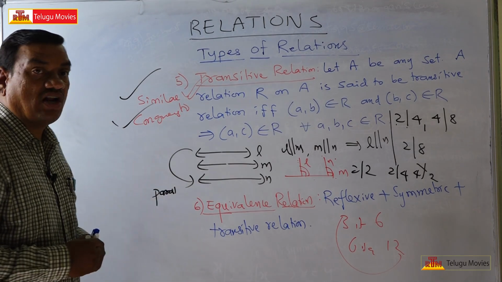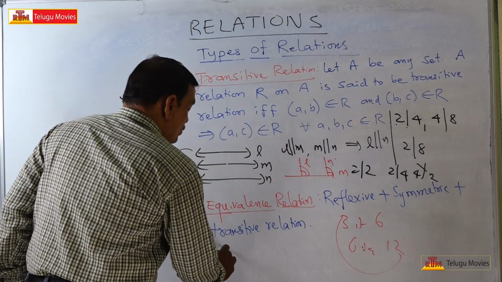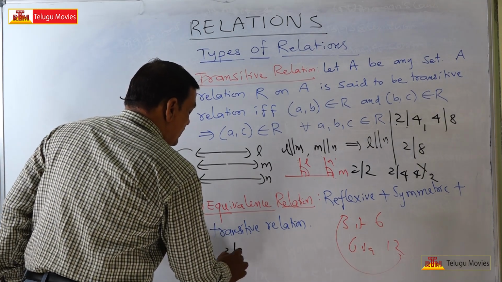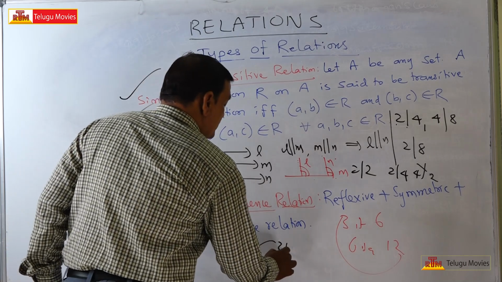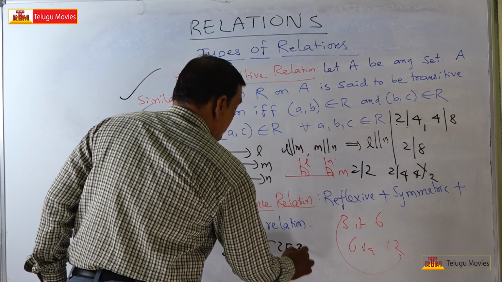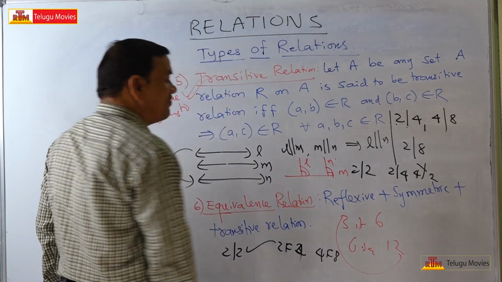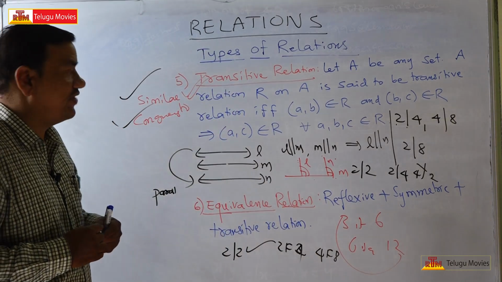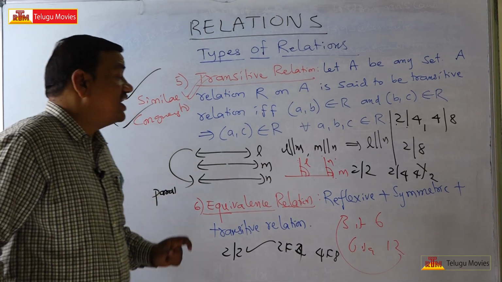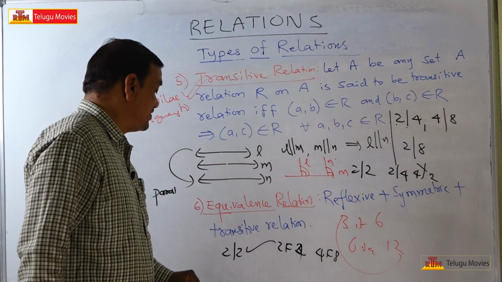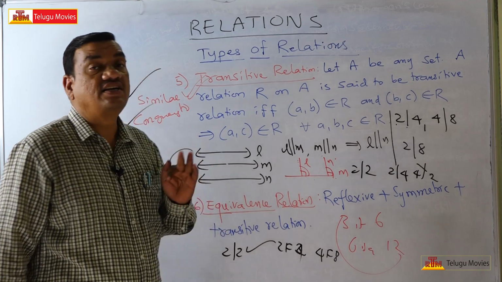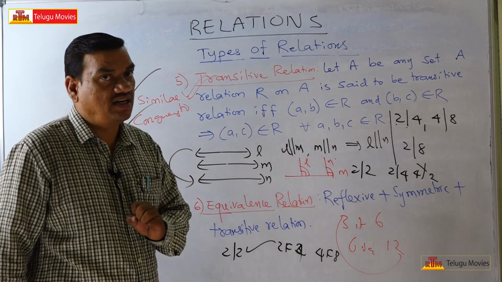And like that, factor of also. 2 is a factor of 2, yes, right. 2 is a factor of 4, but 4 is not a factor of 2. Symmetric fails. That means if a relation is reflexive, symmetric and transitive, then that relation is called an equivalence relation.